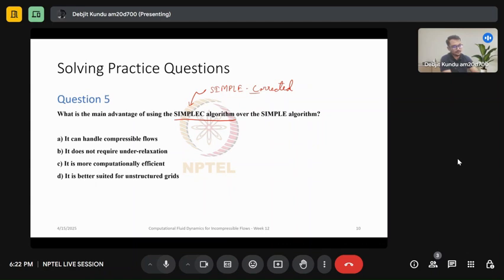Let's take a look at the solution. It's actually option B, that it does not require under relaxation. So the thing is, in SIMPLE method, we add the pressure correction terms to the previous provisional pressure terms, right?